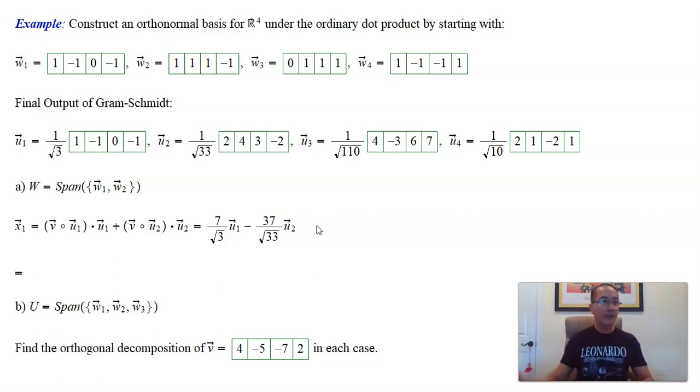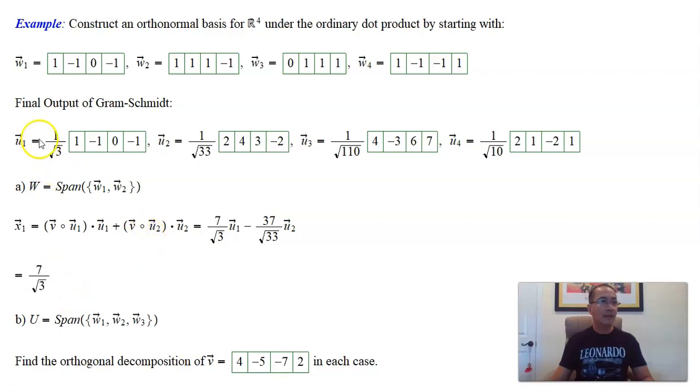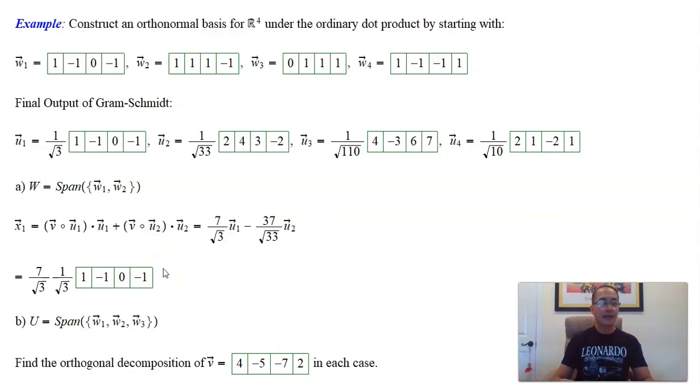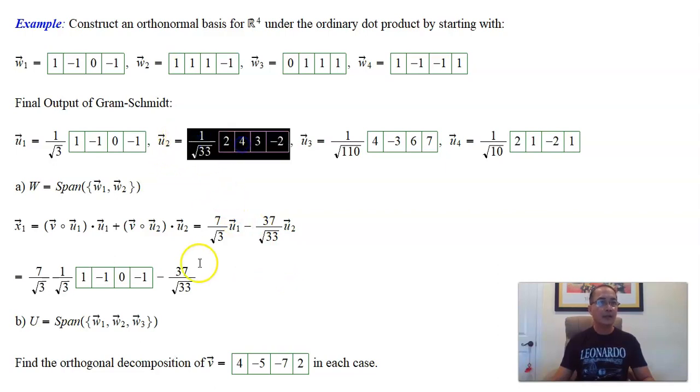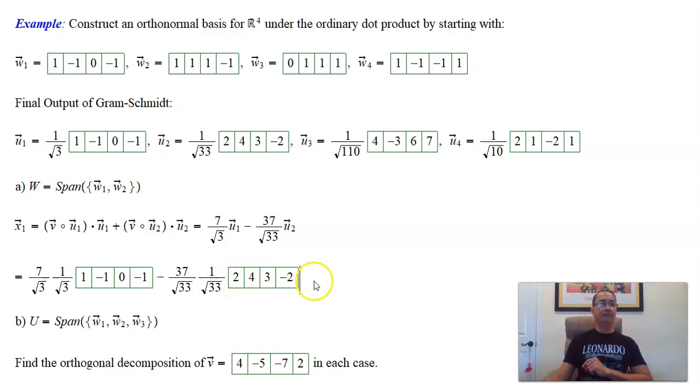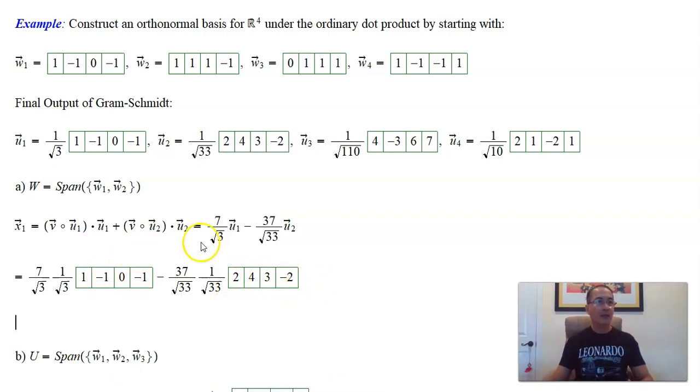Okay, so let's see. We are going to get 7 over rad 3 times this entire bracket minus 37 over rad 33 times this unit vector. Okay, so you see what's going to happen.